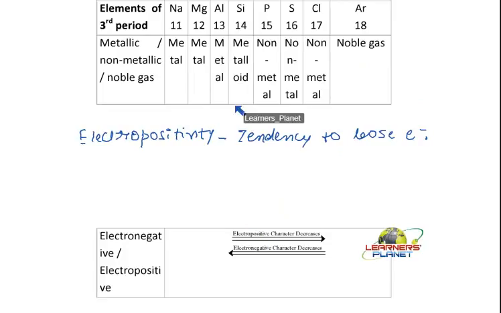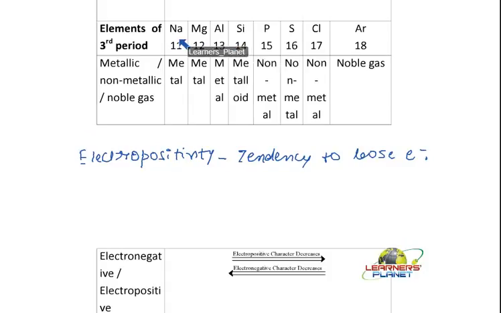It is decreasing across sodium, magnesium, aluminum, silicon, phosphorus, sulfur, chlorine, argon. So the tendency to lose electrons is decreasing. That is why sulfur forms S2 minus ions and chlorine forms Cl minus ions.